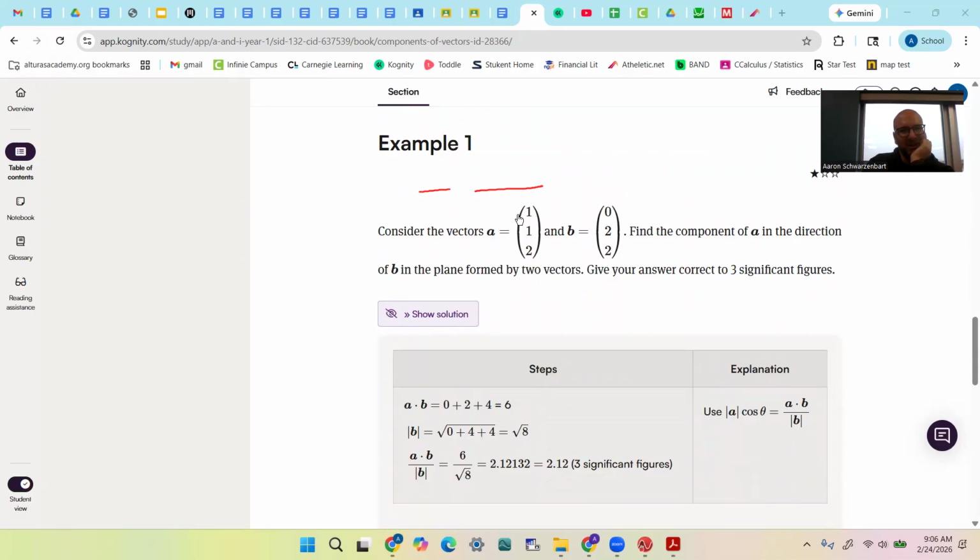So A dot B, 0 plus 2 plus 2 is 2 times 2 is 4 is 6. Magnitude of V is square root of 8. The component of A in the direction of B is then the dot product divided by the magnitude, or this.